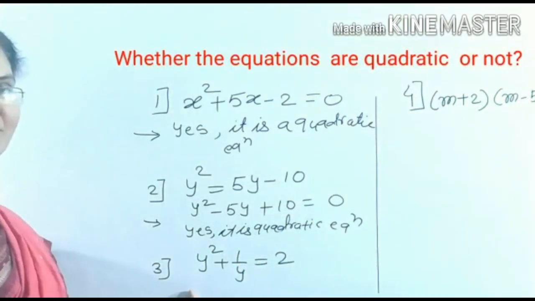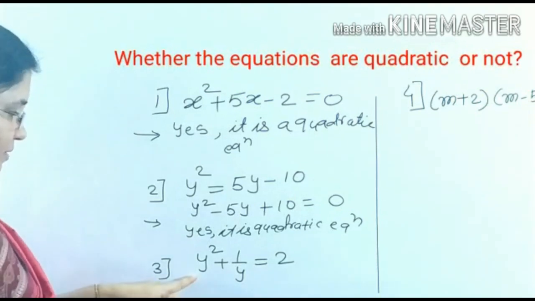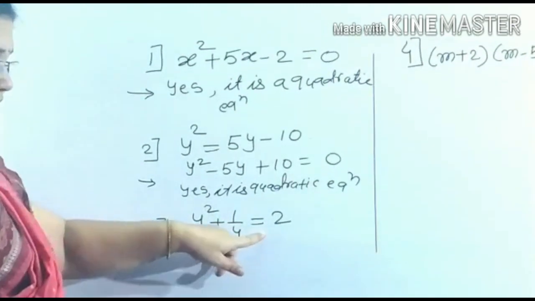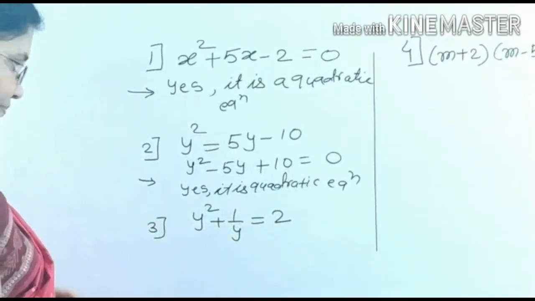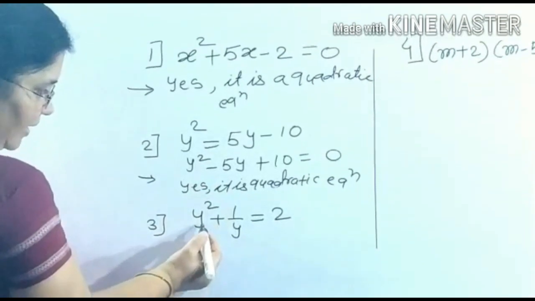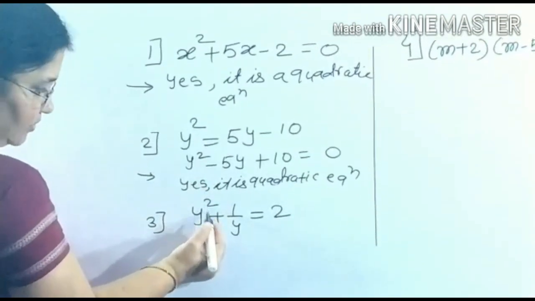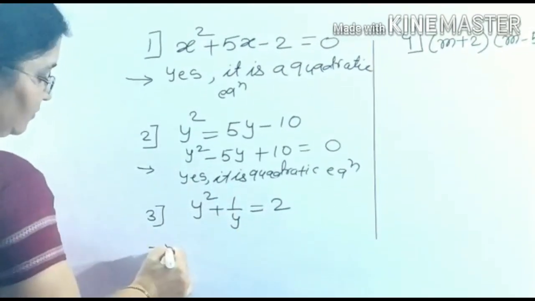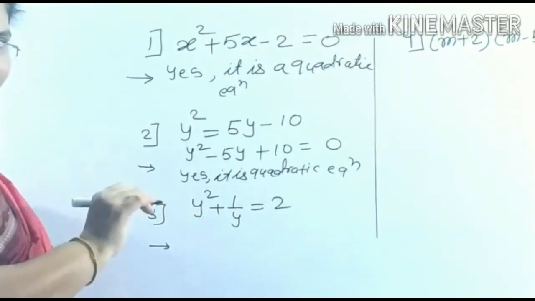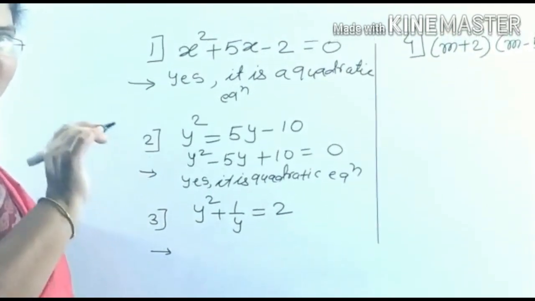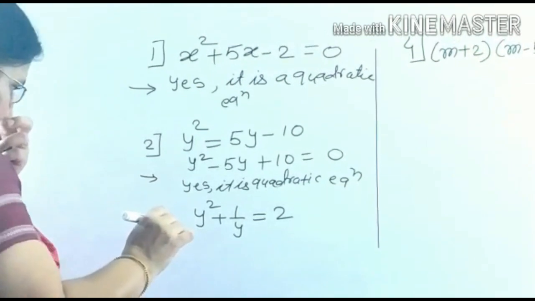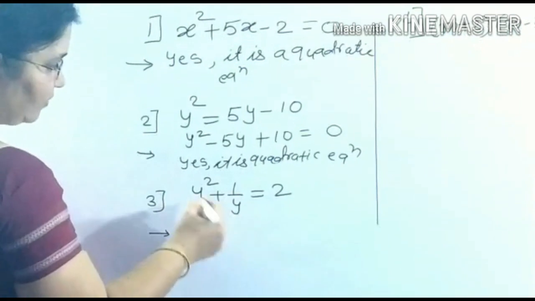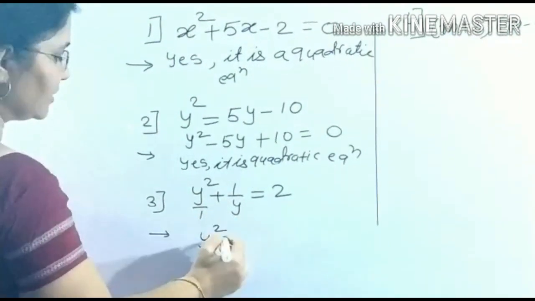Okay, let's go to third example. We can see that y square plus 1 divided by y is equal to 2 is the equation. This y has maximum index as 2, but this y is in the denominator. Let's check what happens. First we should convert every equation in the form ax square plus bx plus c. So this y square into y, we are going to make the denominators equal.